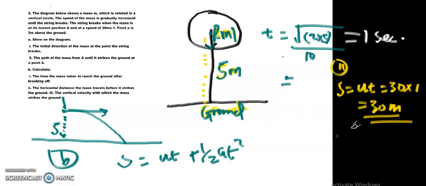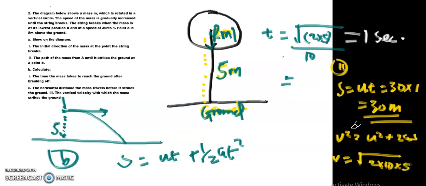So this will simply be v squared equals u squared plus 2as, the fourth or third equation of motion. Plugging in what we have, we will simply have the square root of 2 times 10 times 5, which is going to give us 10 meters per second. And that's how we deal with problems that involve circular motion.